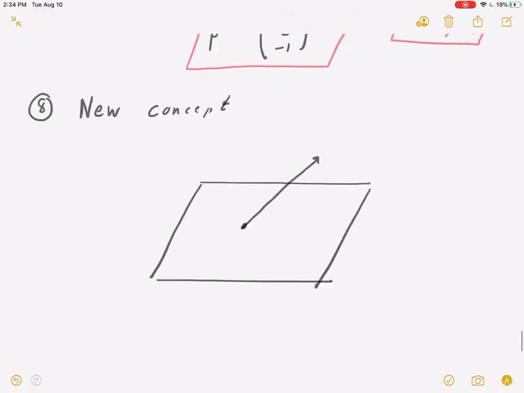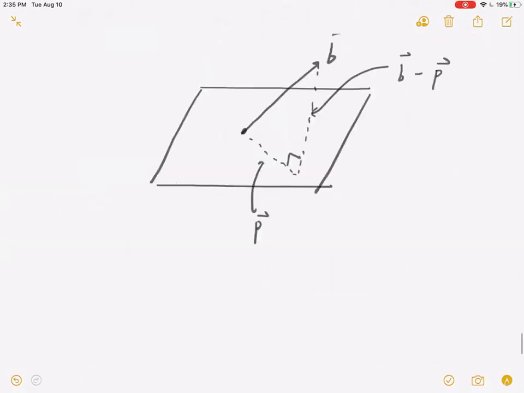Here's my vector B. As we discussed, the projection of B onto the plane is this guy, which we'll call P. There are an infinite number of projections, but this is the one that's closest to B. So trigonometry will tell you that in fact, this vector is B minus P. So let's just pull that out of the picture so it's clear what's happening here.